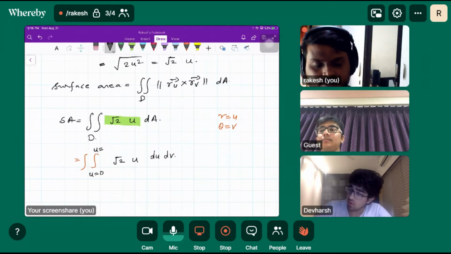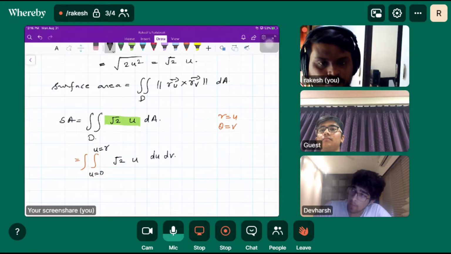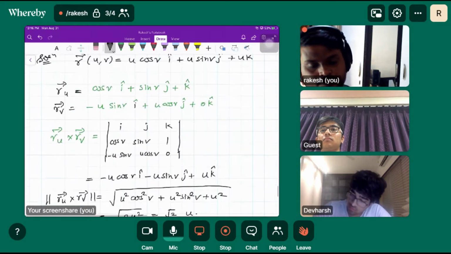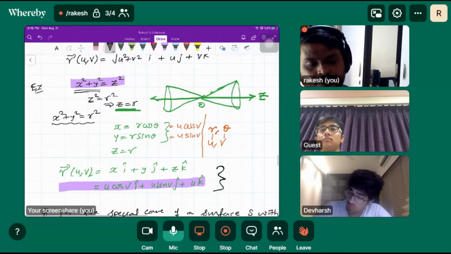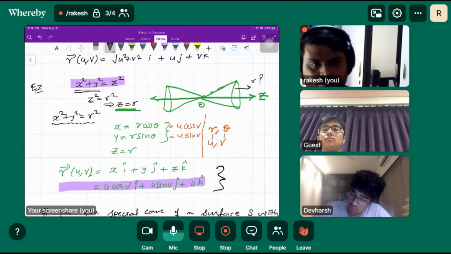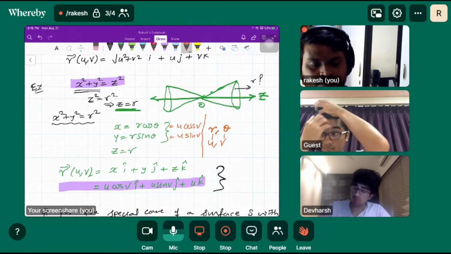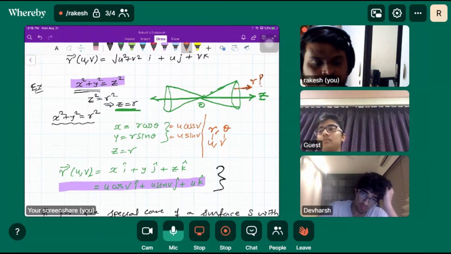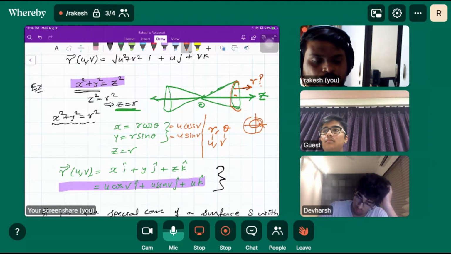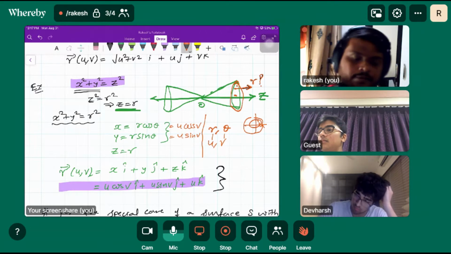U goes from 0 to, that's not defined here, so let's generalize this. U goes from 0 to r and v goes from 0 to 2 pi. That's a complete revolution. In the example, this r is not defined, how long this goes, and theta is obviously 0 to 2 pi, a complete rotation.